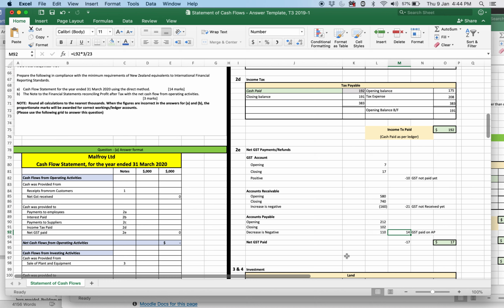Right, it's not quite what I was thinking. Okay, opening, closing, decreases negative. Okay, increases negative, decreases negative. Okay, I think we've got something on its head here.